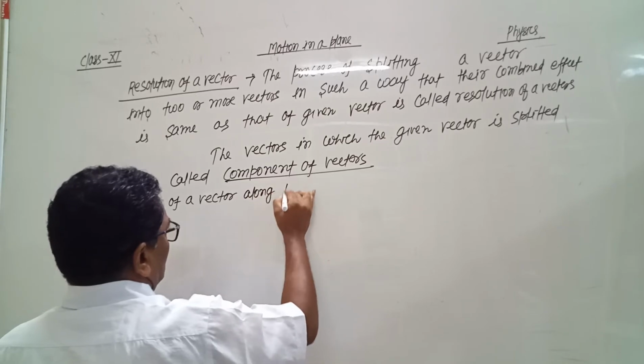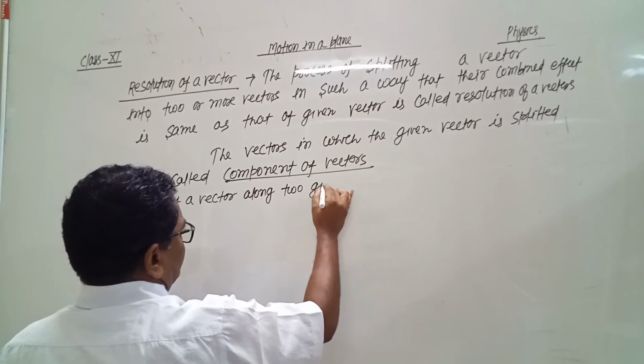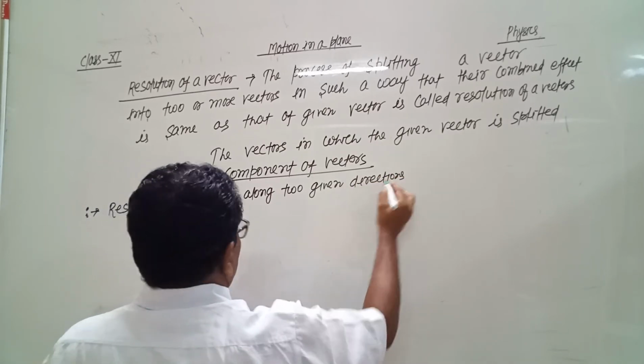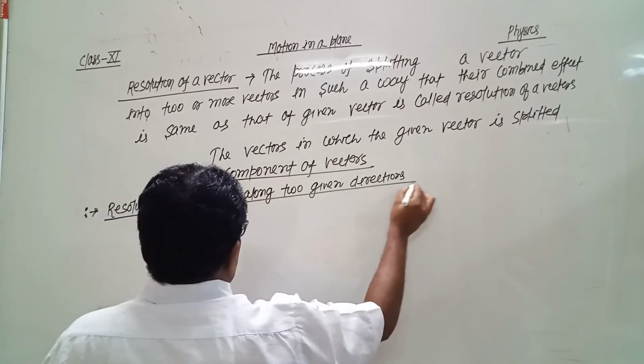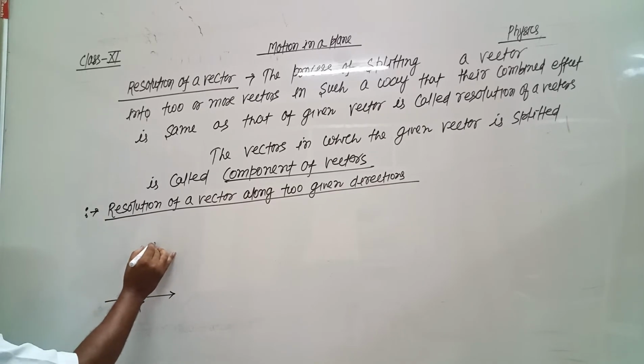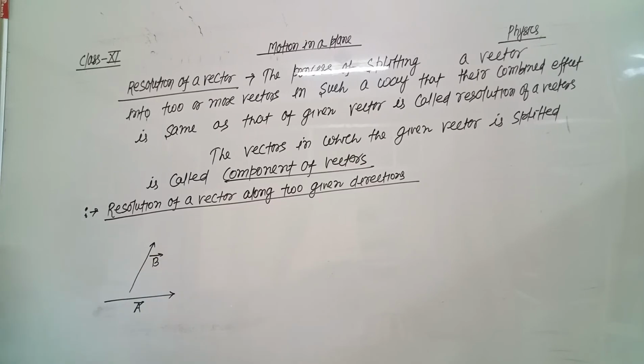Suppose there are two different directions of vector A and B. These are the two different directions of vector A and B.